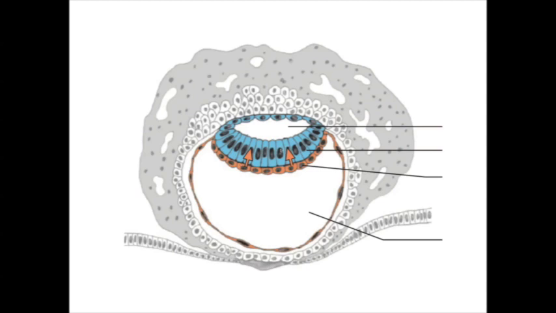These 2 layers, a layer in the back and a layer in the front. And the back becomes the ectoderm, and the front becomes the endoderm. And then there is a space in the back opening, which is the amniotic cavity, and a space in the front, which is the yolk cavity or yolk sac.